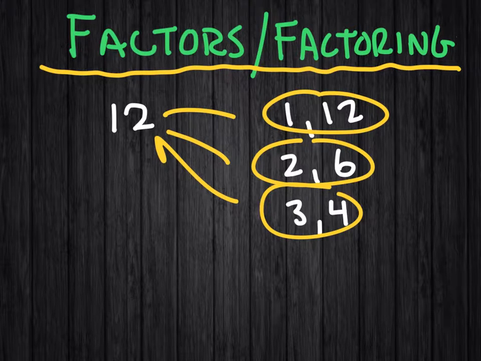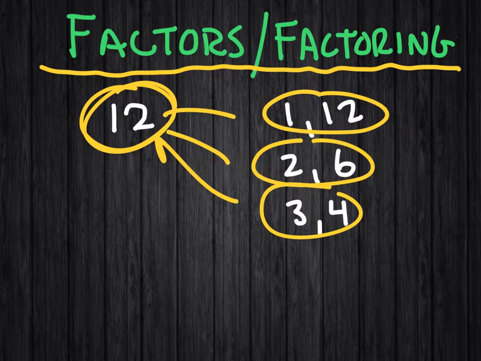It means that we're breaking it into two parts that multiply to obtain the original value. Factoring really is dividing, isn't it? Take a look. We had the 12 there, and we divided it by 6 and it gave us 2. We divided it by 4 and it gave us 3. We divided by 12, it gave us 1.